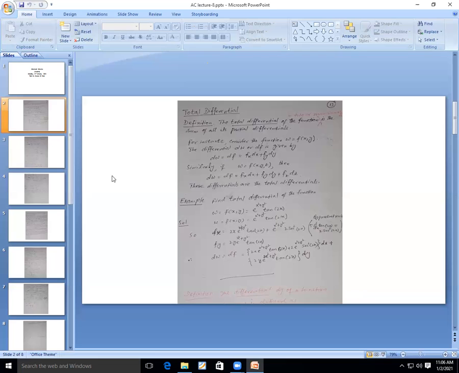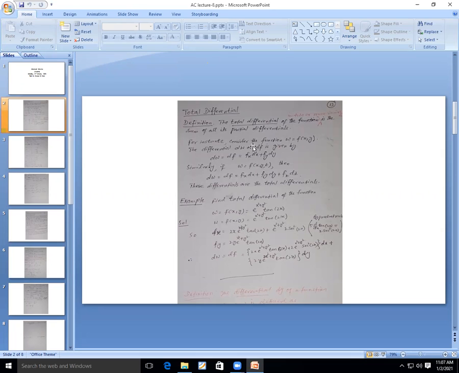As you see in this definition, if you are given a function in two variables, first differentiate f with respect to x partially, write dx with the f prime of x or f_x in subscript, whichever notation you use, it's up to you, plus then differentiate the function partially with respect to y and write dy.